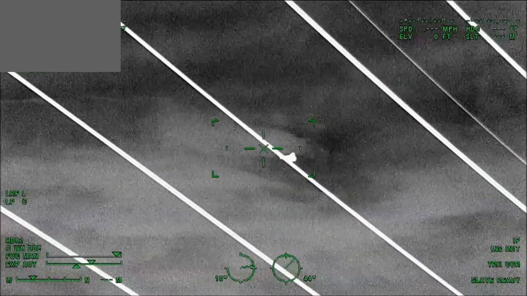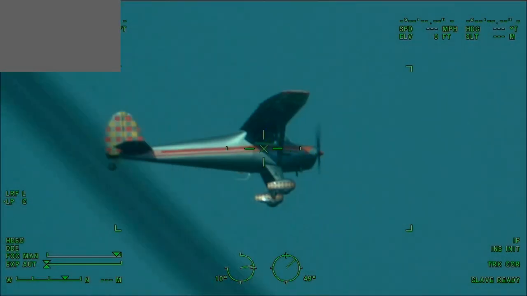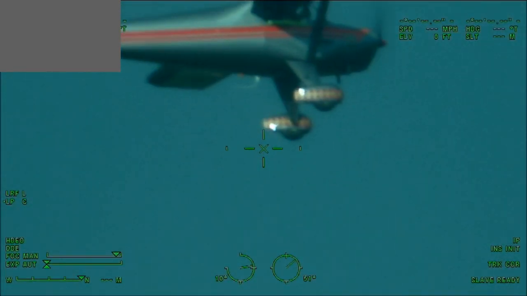The fields of view are magnifications that start at wide, move to medium, then narrow, super narrow, and ultra narrow.